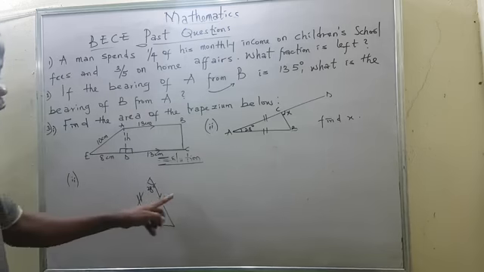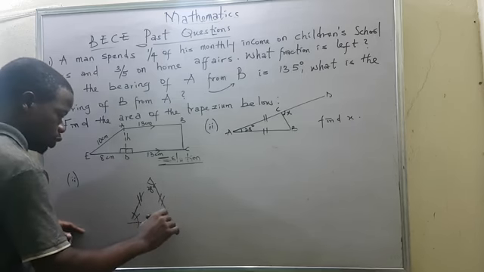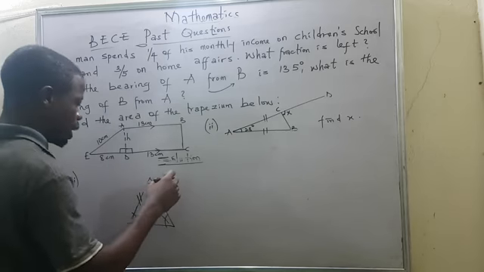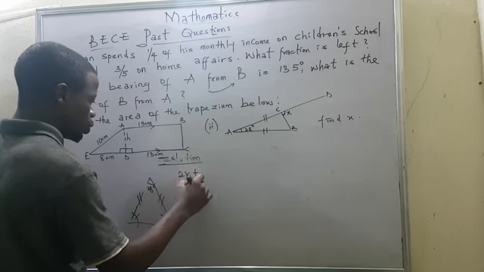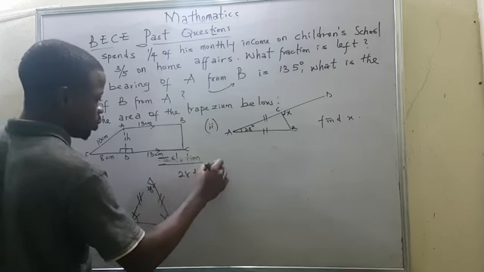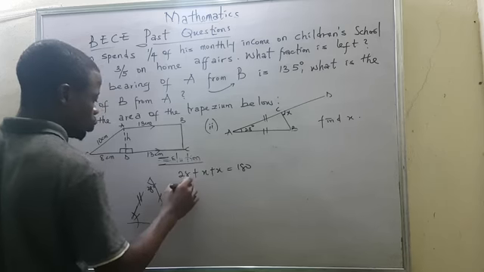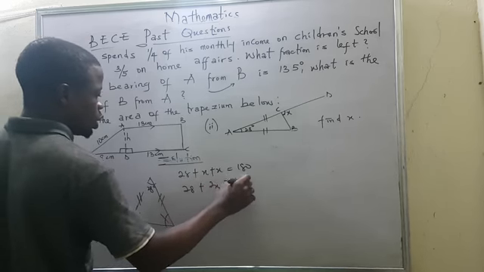And when the two sides are equal, automatically these angles will be equal. Do you get? So I can call these angles x and x. Everything should be equal to 180. That means 28 plus 2x can be equal to 180.